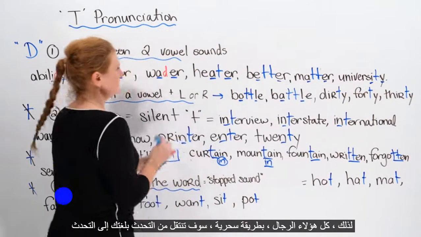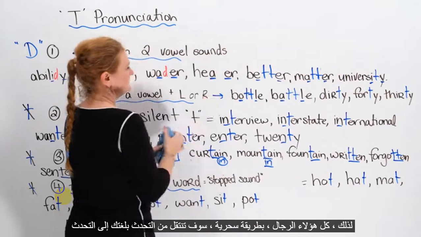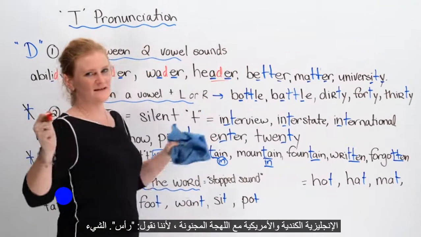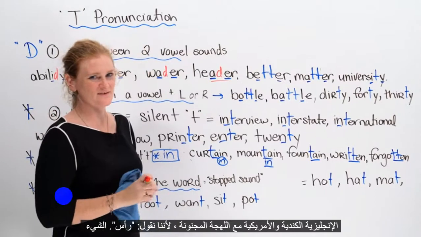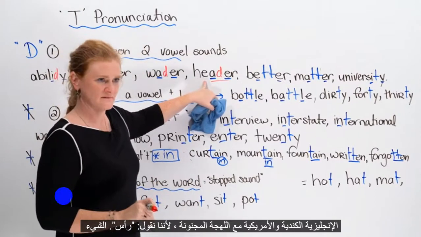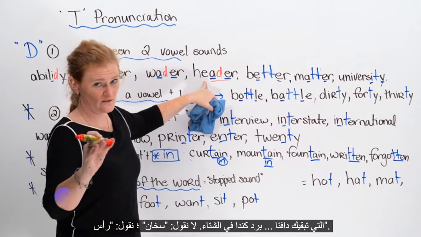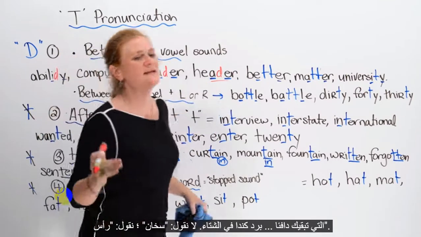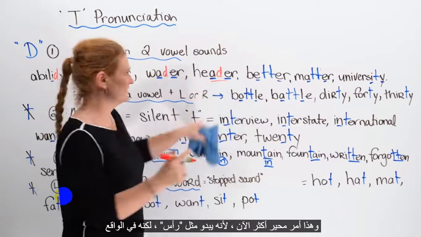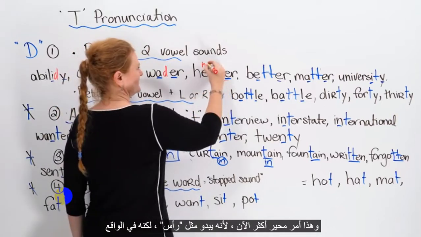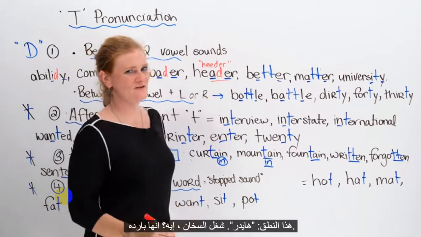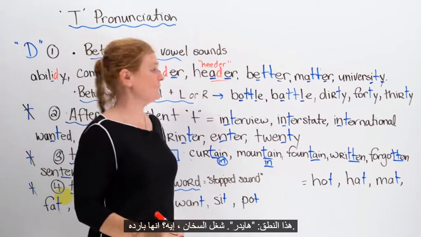So all of these guys, magically, you're going to go from speaking your language to speaking Canadian and American English with a crazy accent because we say heater. The thing that keeps you warm. Canada's cold in the winter. We don't say heater, we say heater. And this is even more confusing now because it looks like header, but it's actually this pronunciation. Heater. Turn on the heater, it's cold.